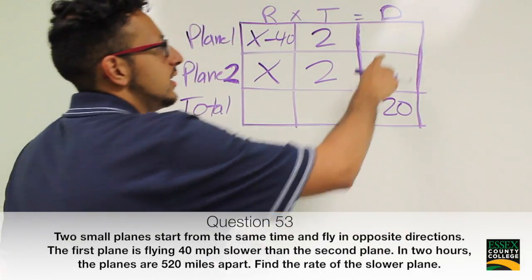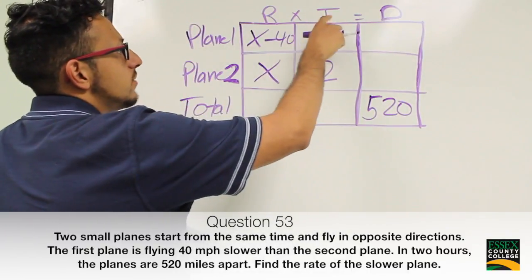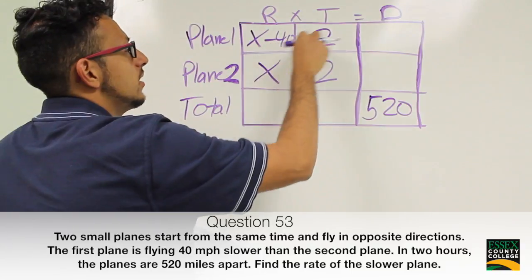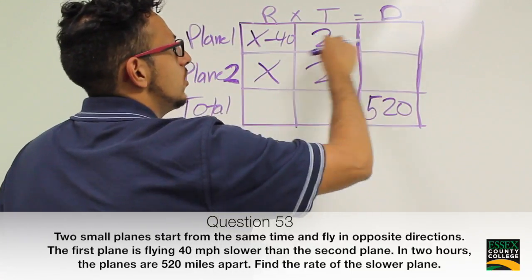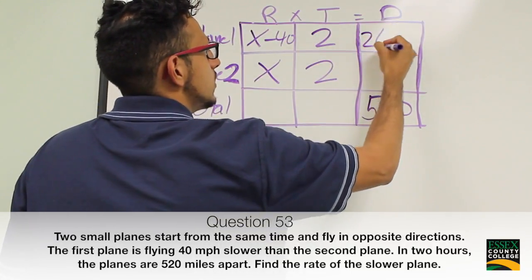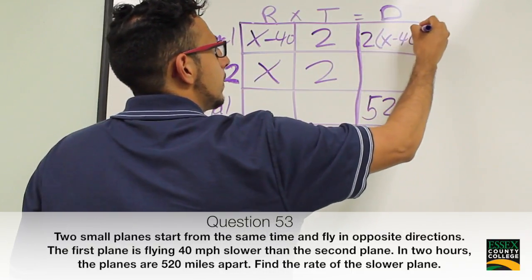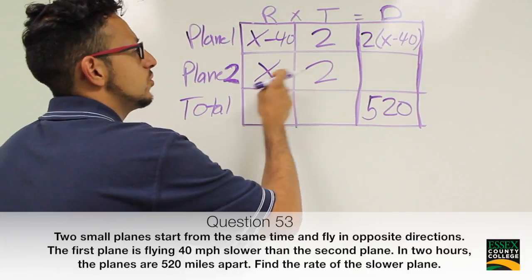And now to fill in these boxes, we're just going to do rate times time equals distance. Whatever rate is in here times the time here equals the distance here. So we're going to write this as 2 times x minus 40, and this is simply 2 times x.